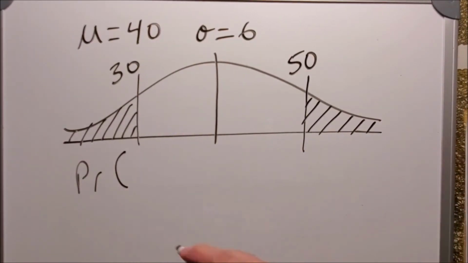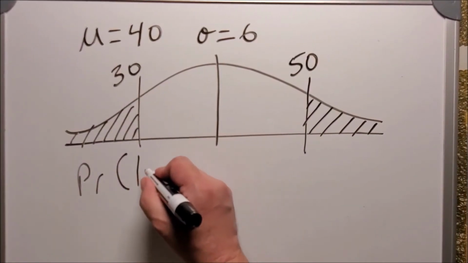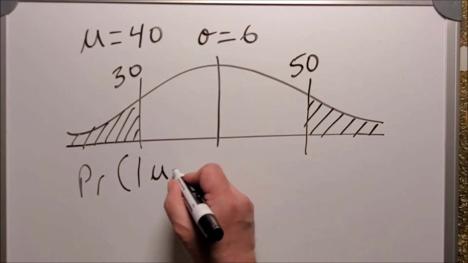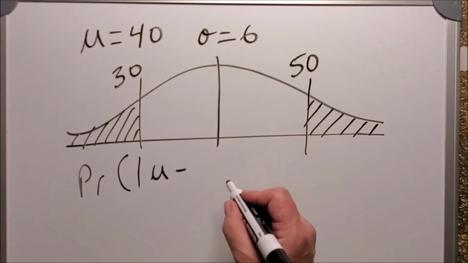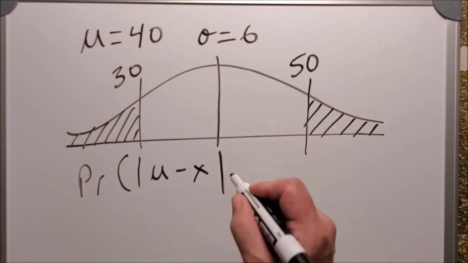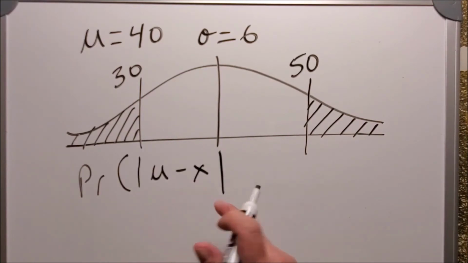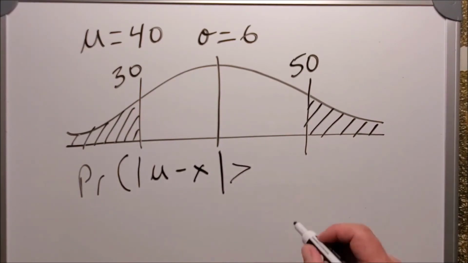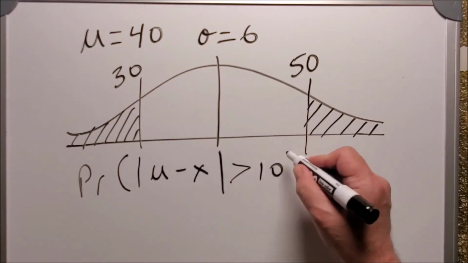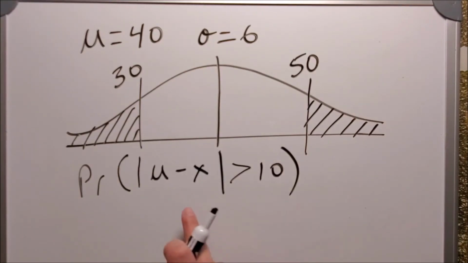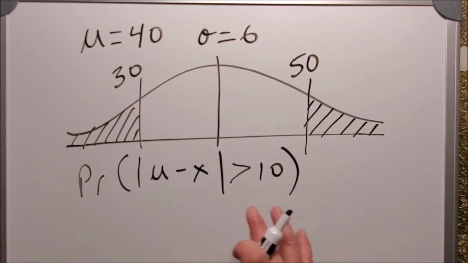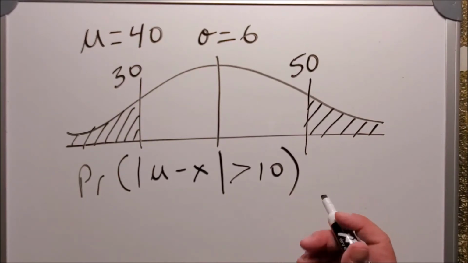So we're going to have the absolute value of mu minus x must be greater than 10. Now that's another way of representing the same question in a little bit more concise mathematical language.